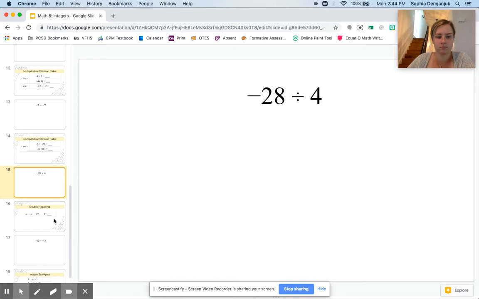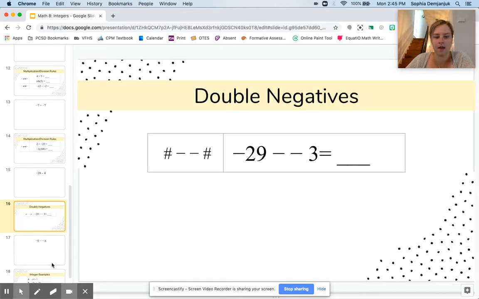And then our last rule is when we have double negatives right next to each other. So if I have a number minus a negative number, you're going to take those minus and negatives and turn it into addition. So negative 29 minus negative 3. These two negatives right next to each other turn positive.